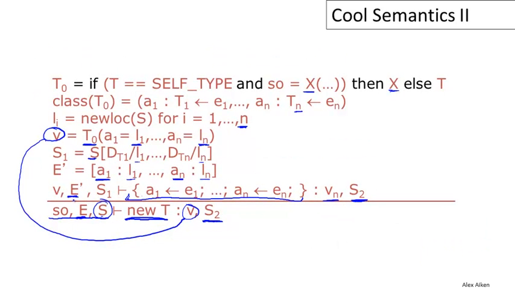Just flipping back to that slide for a moment, notice that in the evaluation of the initializers, the self object is V. This is the new object that we have just constructed. And so it's perfectly fine for E1 through En, the initialization expressions over here, to refer to self. And what they will refer to, if they use self, is the object that is being initialized.